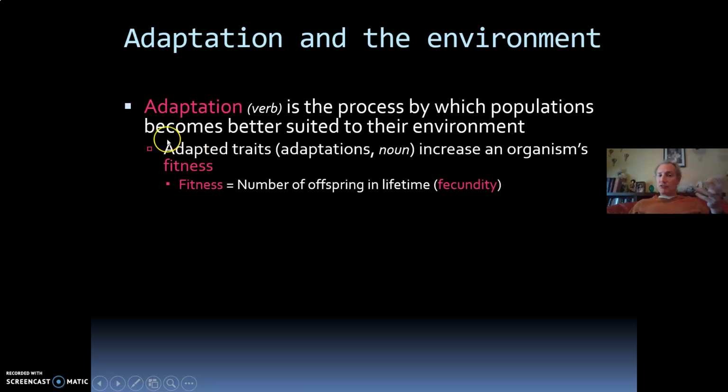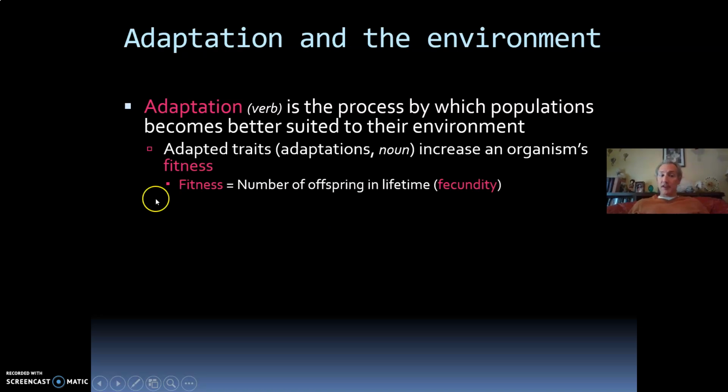Okay, but in general, when we say that they're adaptive, what we mean is that the study of these traits in their evolutionary context shows that they increase the fitness of the organisms that have those. It was one of many variations, and because it was able to increase survivorship or fitness, the genes for those traits got passed on such that now they're very, very common.